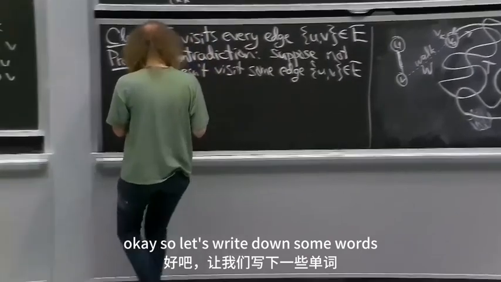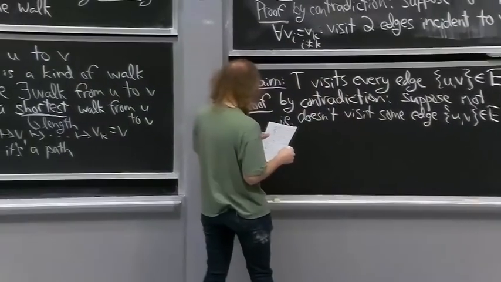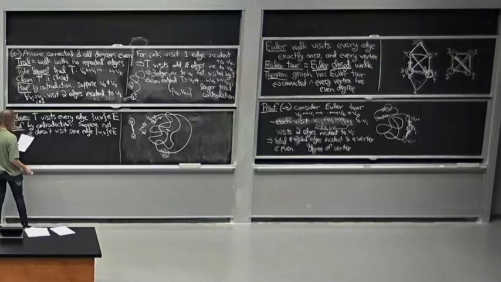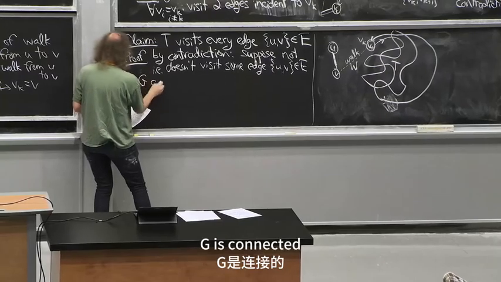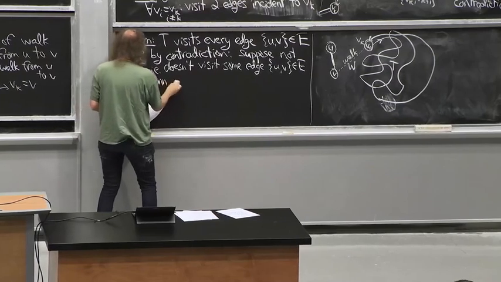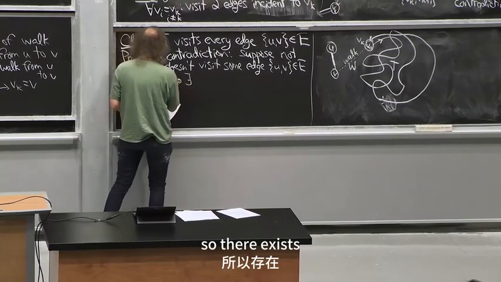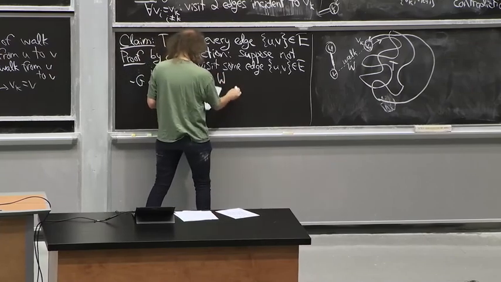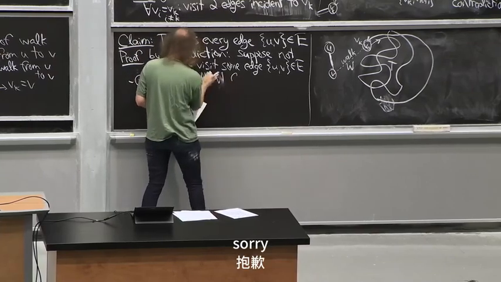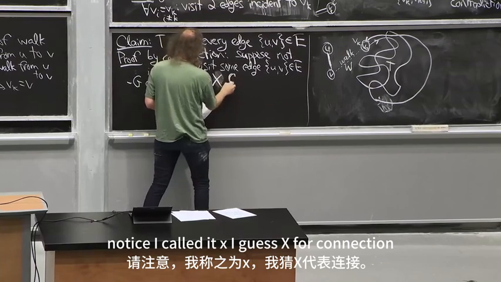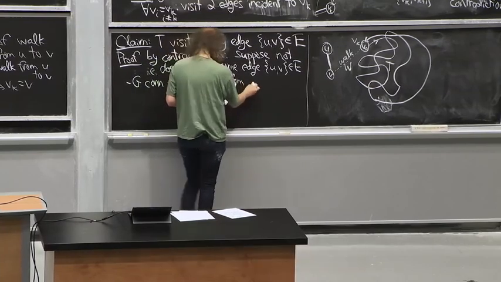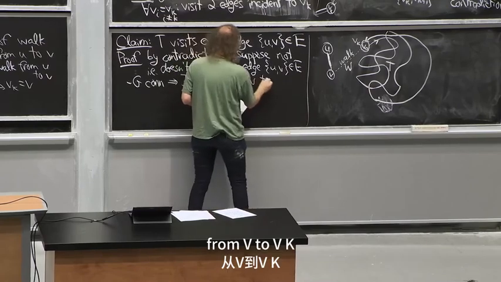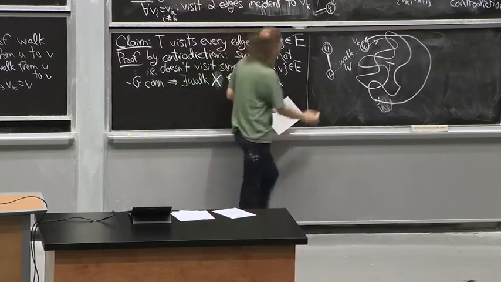OK, so let's write down some words. G is connected. So there exists a walk, W, or sorry, notice I called it X. I guess X for connection. From v to vk.